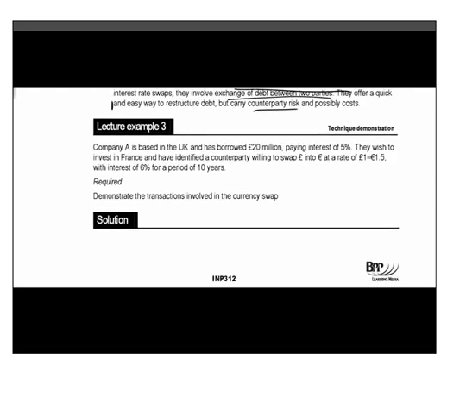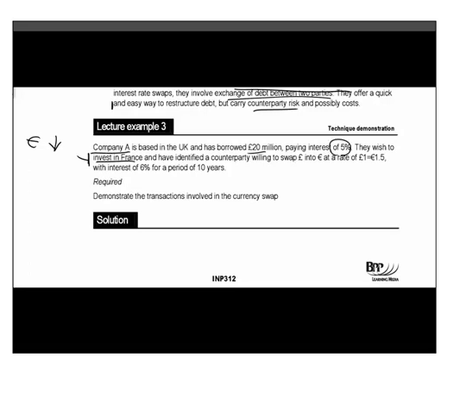So we've got a situation where we've got company A based in the UK and has borrowed £20 million, paying 5% interest. They are going to invest in France. So they're a UK company, they're investing overseas. This opens them up to various types of currency risk, in particular economic risk. The risk in particular is that the value of the euro will decline, and that therefore their investment in France won't generate enough cash to pay their interest of 5%, which is going to be in sterling.